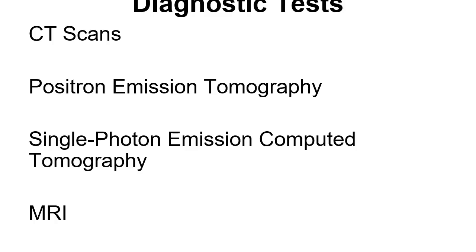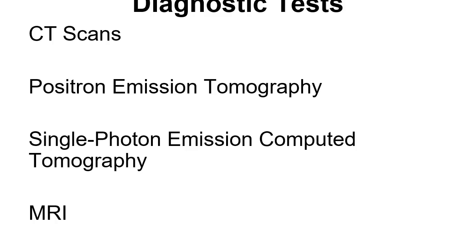The SPECT, single photon emission computed tomography, is also a radioactive and nuclear medicine test, and what that does is look at perfusion. So it tells us how well the brain is perfusing. MRIs are where we are using magnets instead of ionizing radiation, so it is safer for those patients.